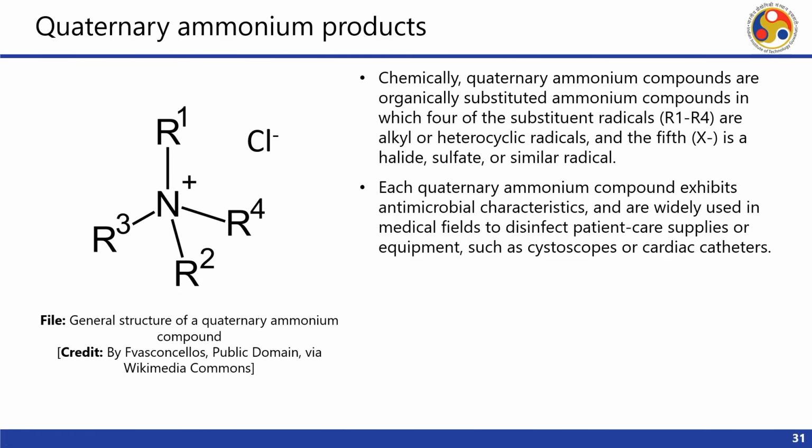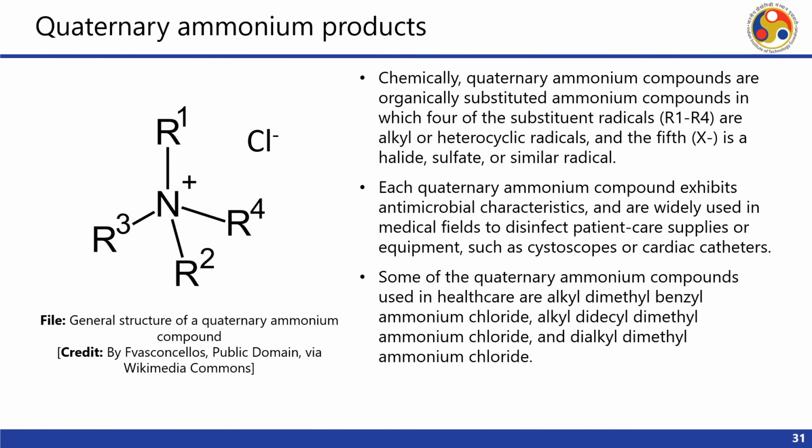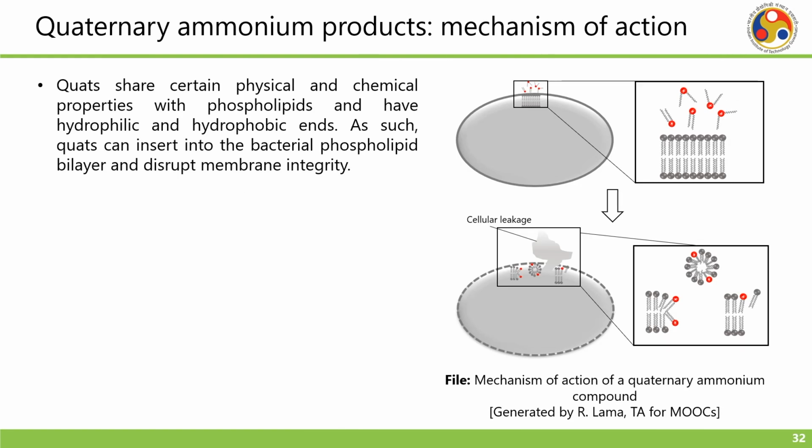Each quaternary ammonium chloride exhibits antimicrobial characteristics and is widely used in medical fields to disinfect patient care supplies or equipment such as cystoscopes or cardiac catheters. Some of the quaternary ammonium compounds used in healthcare are alkyl dimethyl benzyl ammonium chloride, alkyl didecyl dimethyl ammonium chloride, and dialkyl dimethyl ammonium chloride.